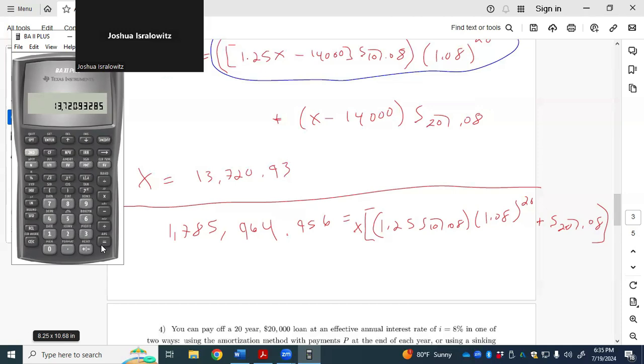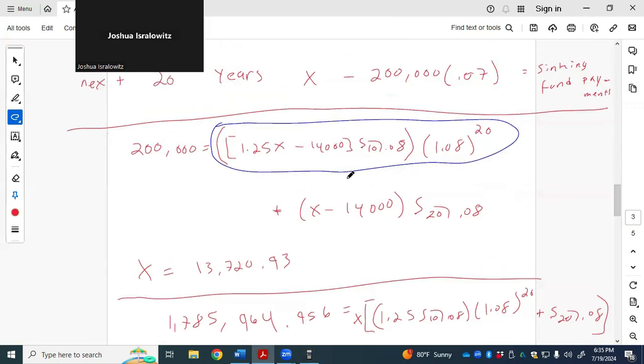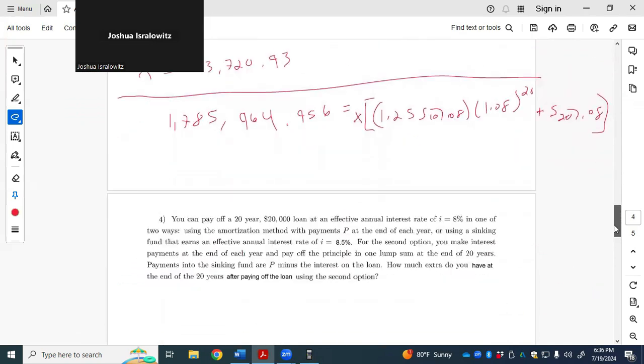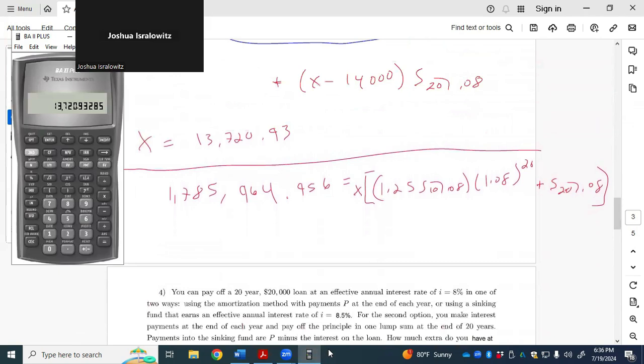And if you want to write more down than just what I did, if you can't do the distribution in your head, then basically write one more line where you distribute everything, not that much writing, and then do everything in the calculator. But up to you. Either way, this is where 13,720 comes from.